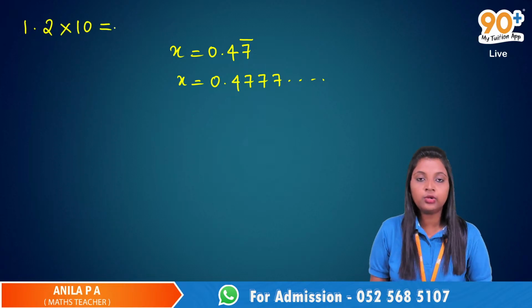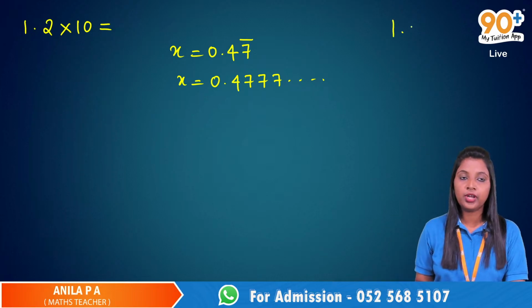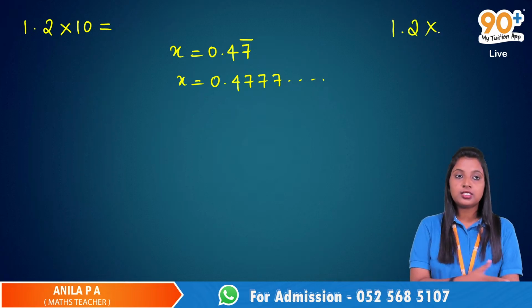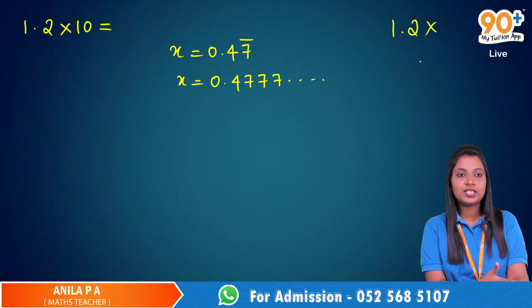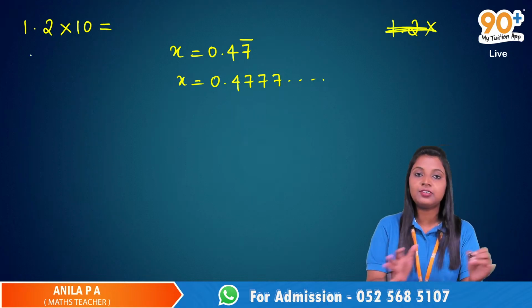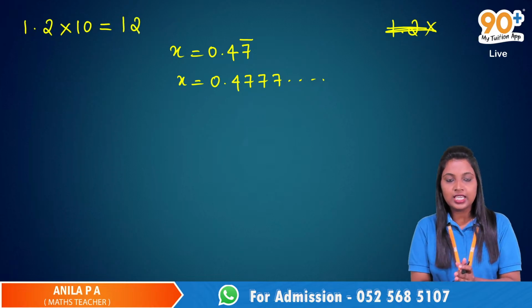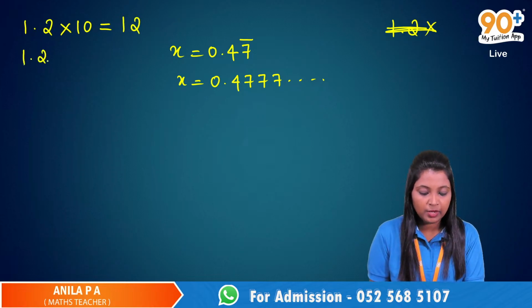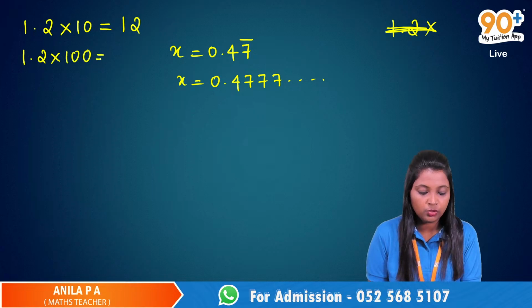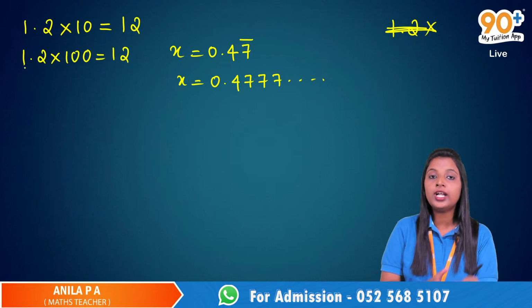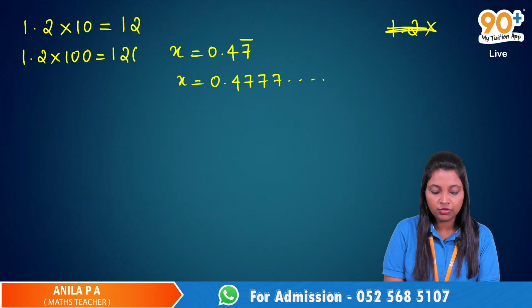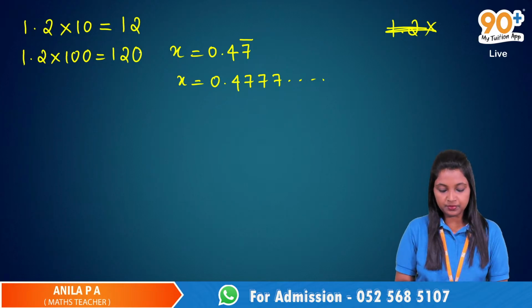What we usually do is shift the decimal point, right? To multiply 1.2 with 100, we shift one decimal point, and for the other 0 we put a 0, right?